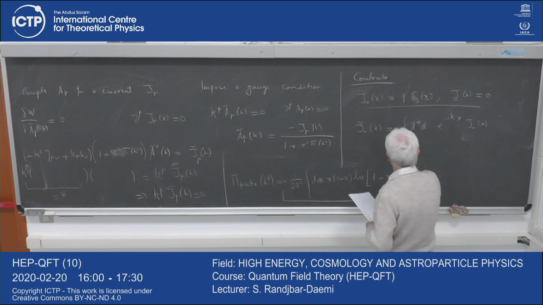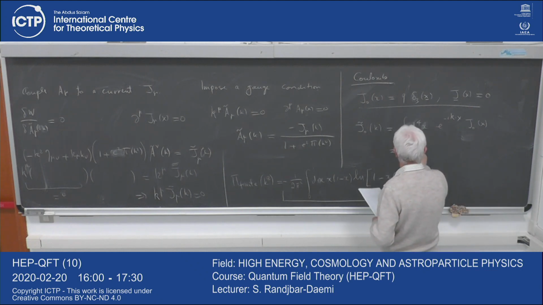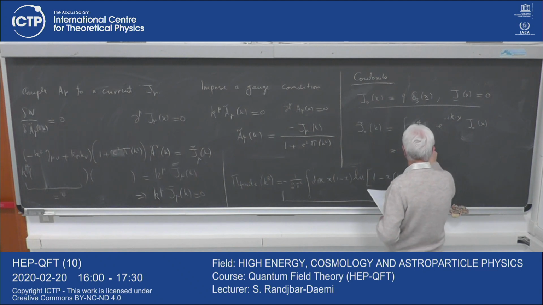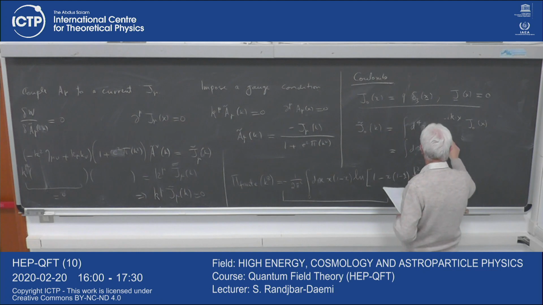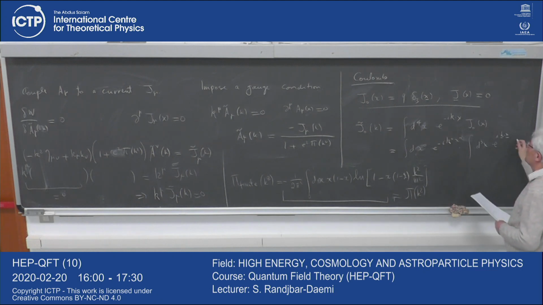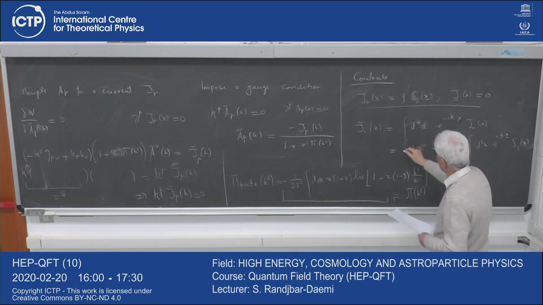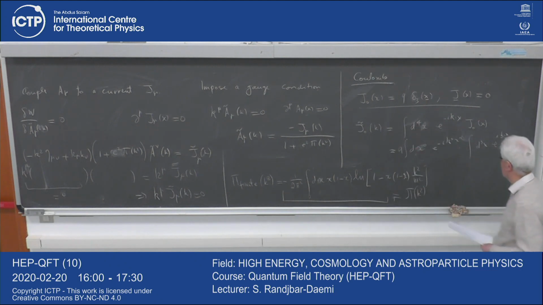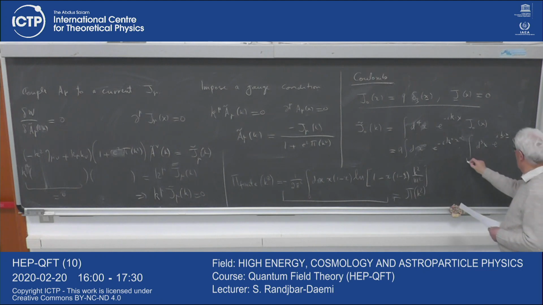If you substitute for the J0 what we have there, this becomes the integral dx0 exponential minus i k0 x0 times d3x exponential of plus i vector x times vector k times delta 3(x). There is also a constant q in front, which I am putting outside. So this gives you 1 by definition of the delta function.